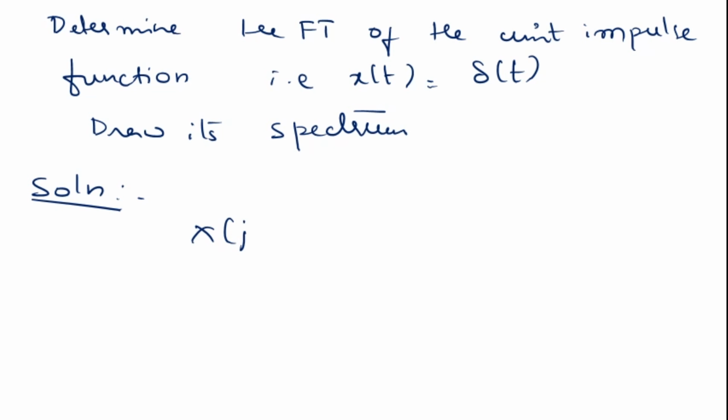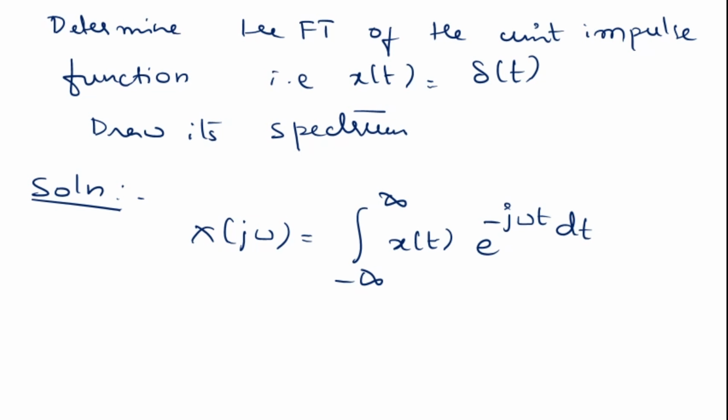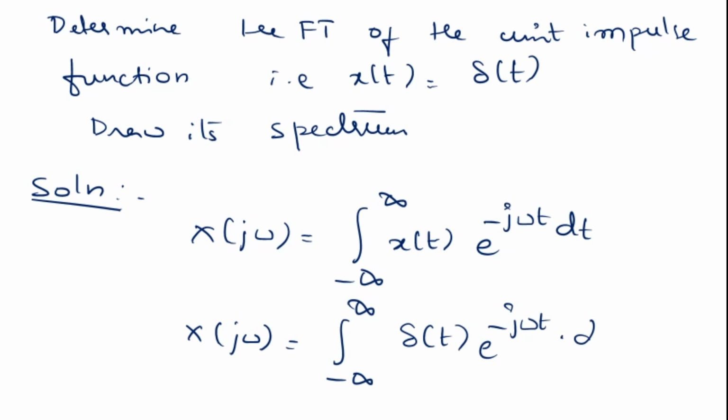We know that x of j omega is equal to integration minus infinity to infinity x of t into e power minus j omega t into dt, or x of j omega is equal to integration minus infinity to infinity delta of t into e power minus j omega t into dt, which is equal to e power minus j omega t at t is equal to 0.